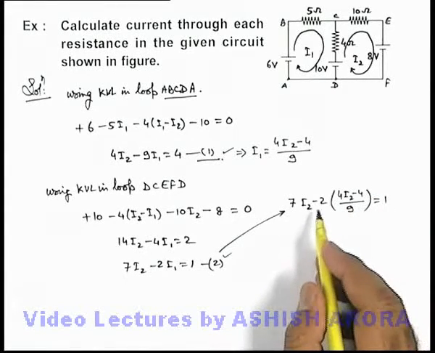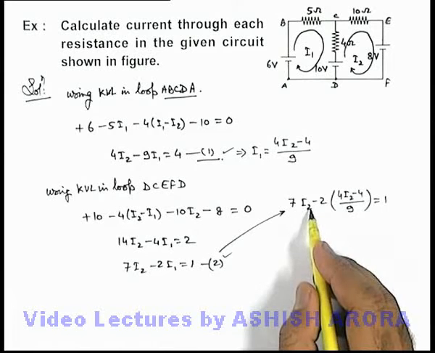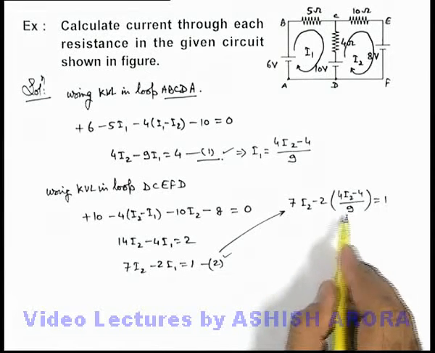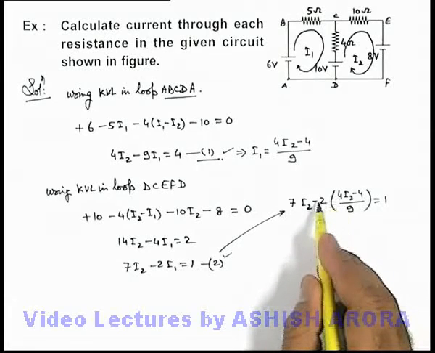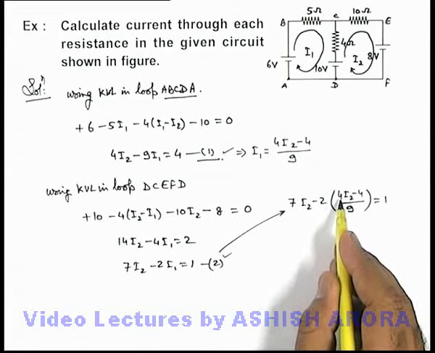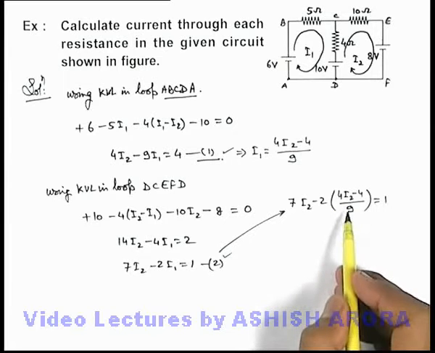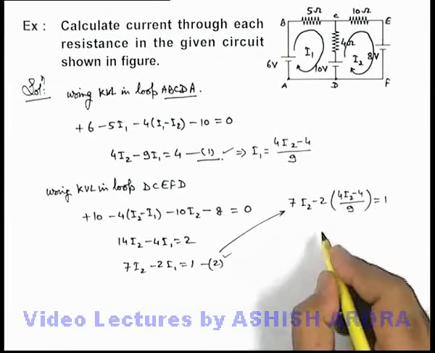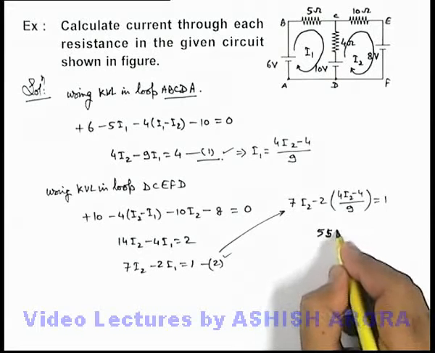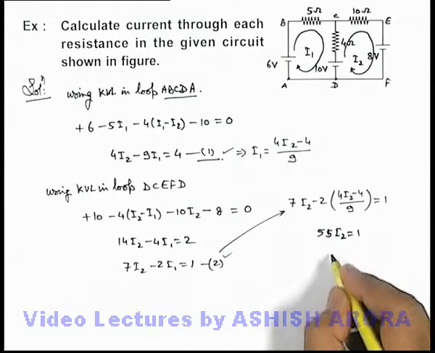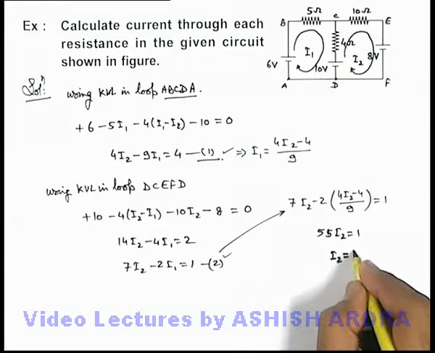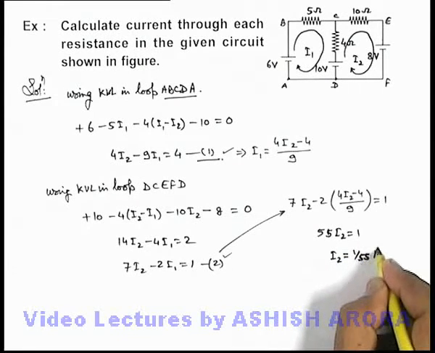If we simplify this expression, it will be 63 minus 8, that is 55. So the result will be 55 I2 equals 1, and on simplifying the value of I2 we are getting is 1 by 55 ampere.